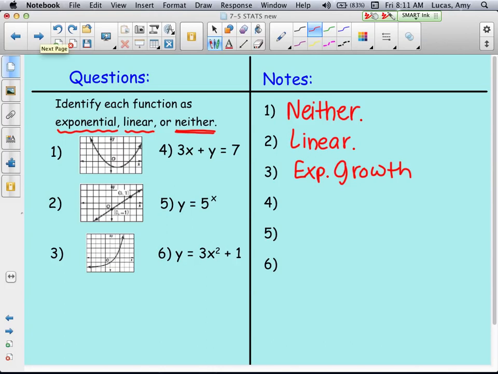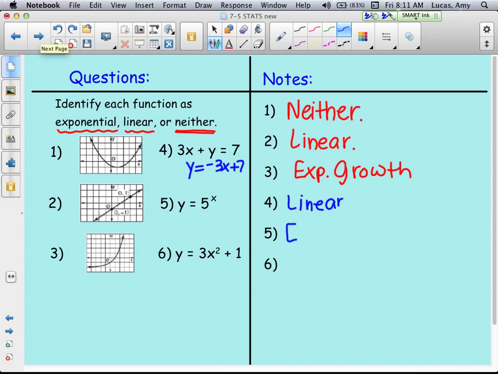And then looking at the equations, hopefully you remember that this first one would be the same as y equals negative 3x plus 7, so it's linear. Whether it's written in point slope, slope intercept, or standard form, it doesn't matter. As long as you could rewrite it into slope intercept, it is something that's linear.